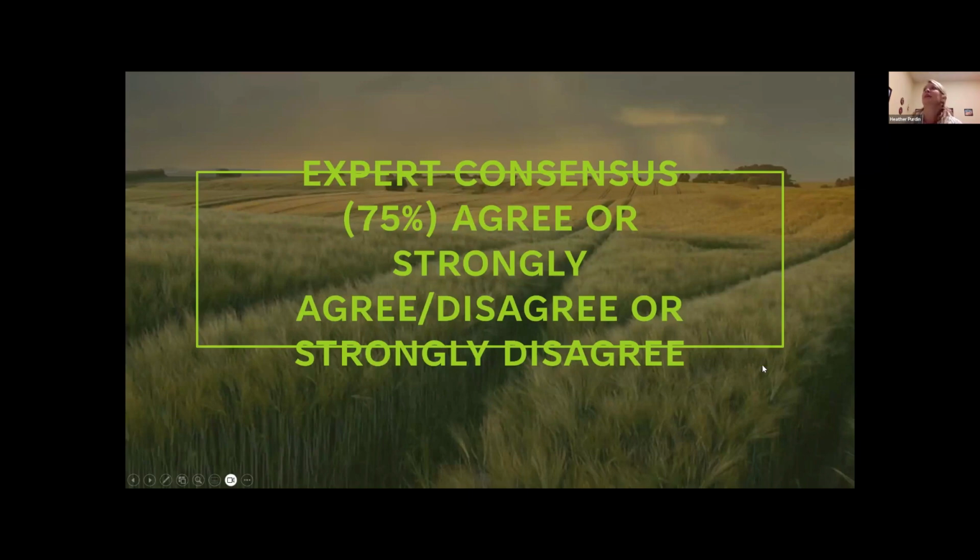Sorry about that. So expert consensus is kind of what they used for this study, and they used 75% as the cutoff. They could have chosen 60%, but they chose 75% of people agreeing or strongly agreeing or disagreeing or strongly disagreeing to consider it expert consensus.